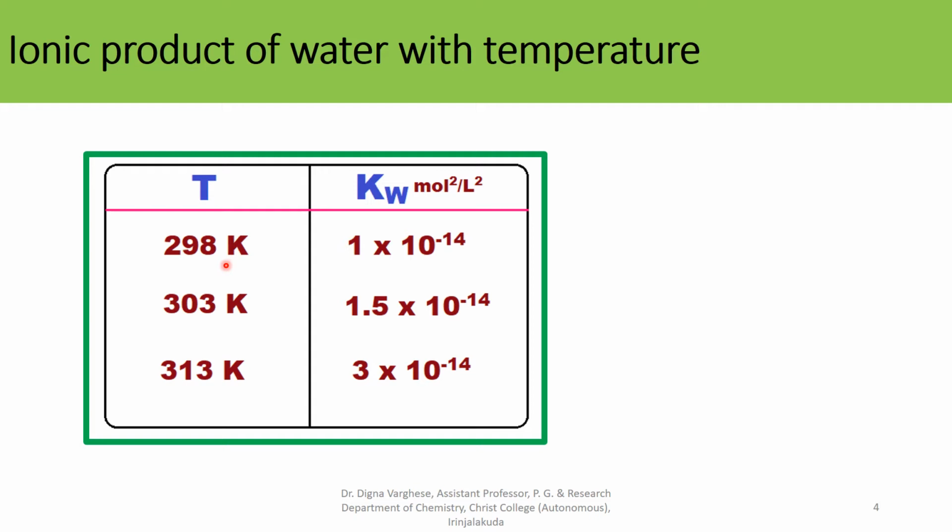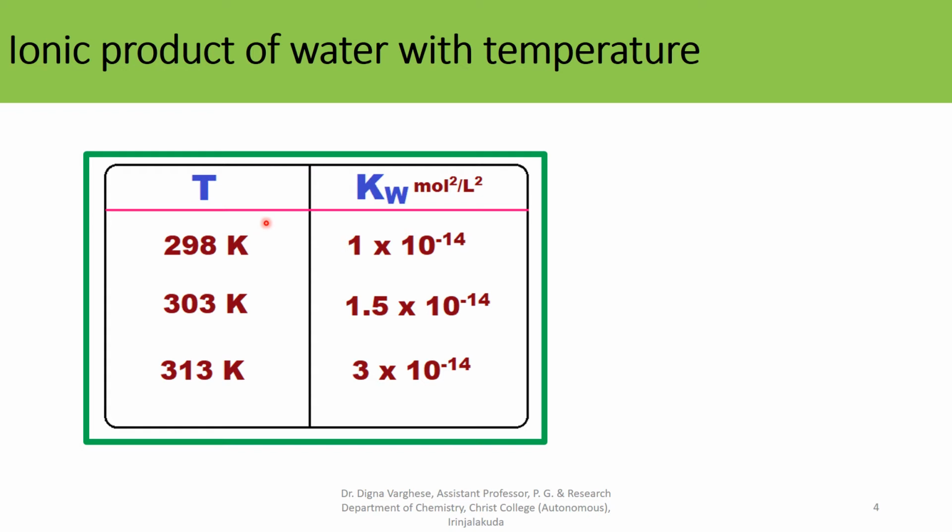At 298 Kelvin, the value of Kw is 1 x 10^-14 M^2. At 303 Kelvin, 1.5 x 10^-14 M^2. At 313 Kelvin, 3 x 10^-14 M^2.